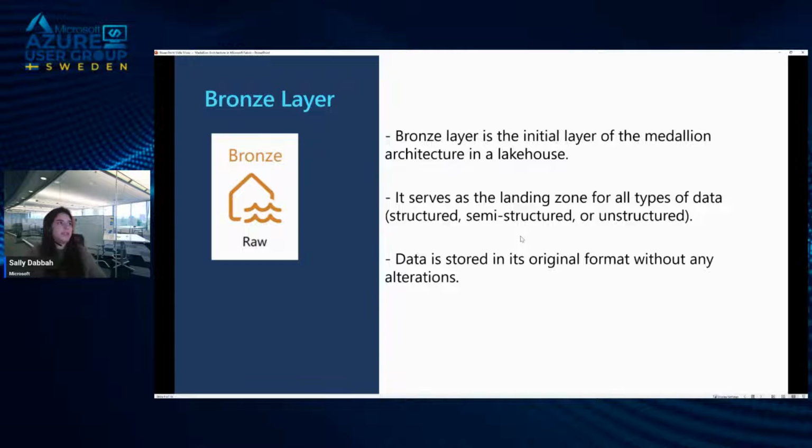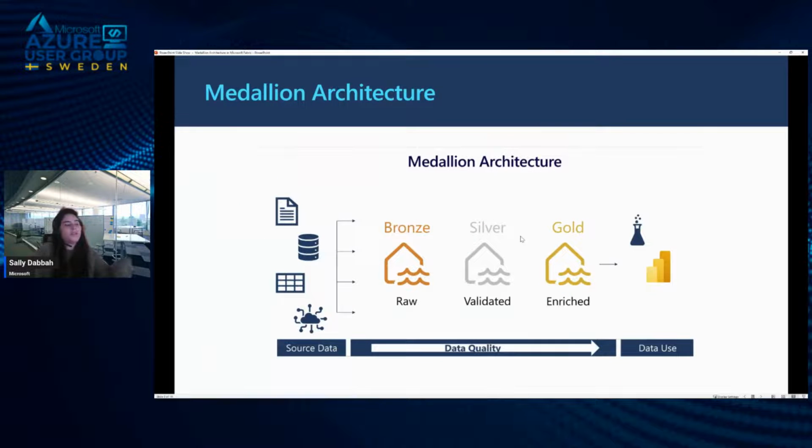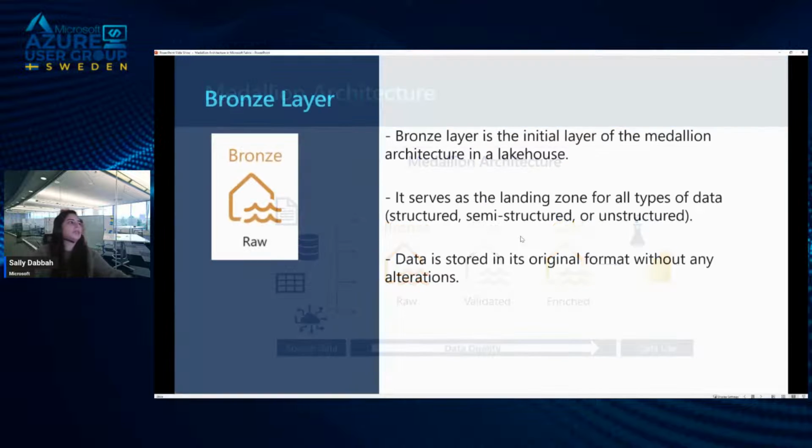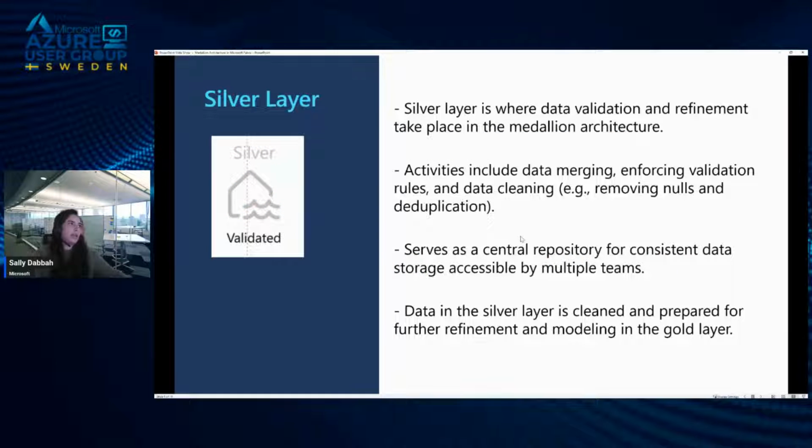The bronze layer is the initial layer of the medallion architecture in a lakehouse. It serves as the landing zone for all types of data: structured, semi-structured, or unstructured. Data is stored in its original format without any alterations, so you don't risk anything because you're not doing transformations on your raw data. The silver layer is where data validation and refinement take place.